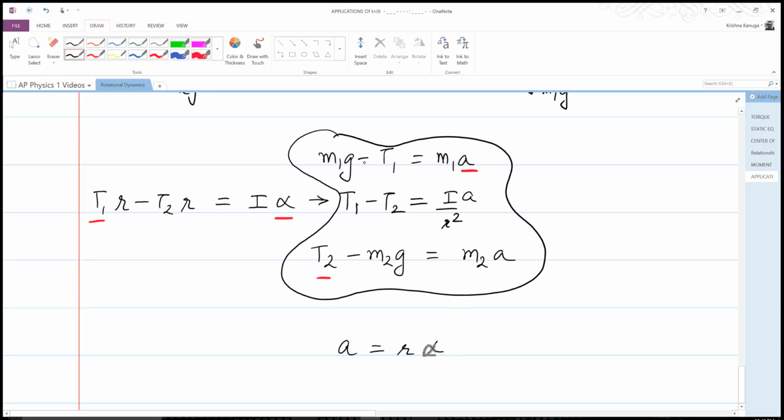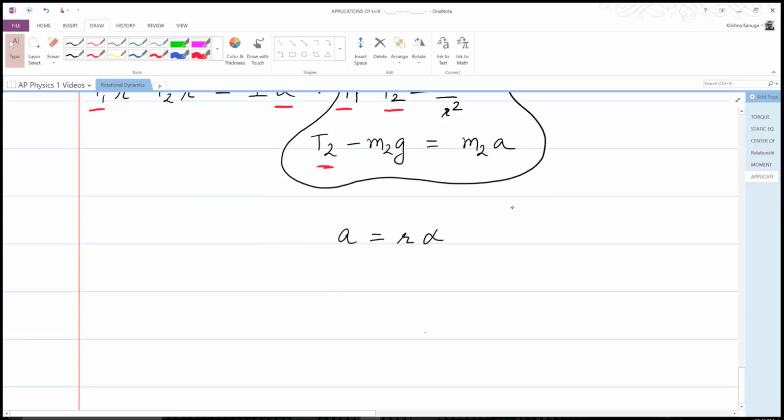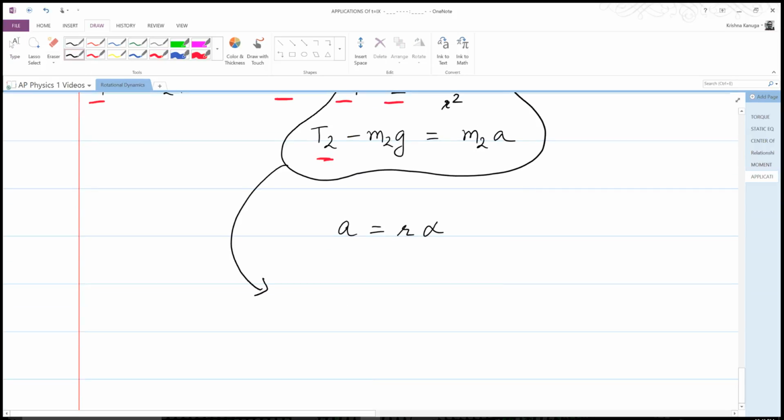When I add them up, I have a minus T1 here, plus T1, minus T2, plus T2. When I add them all up, you see all the T's cancel out, and I end up getting the simple equation M1g minus M2g is equal to M1a plus I over r squared times a plus M2a.